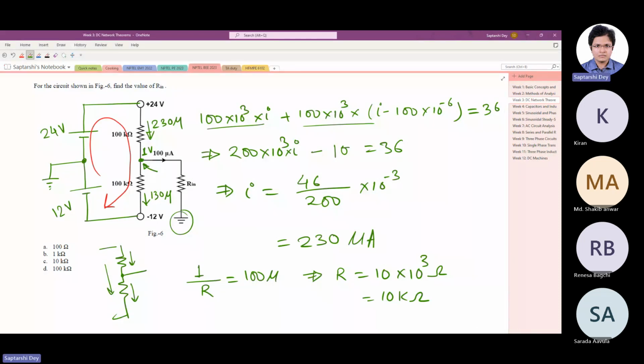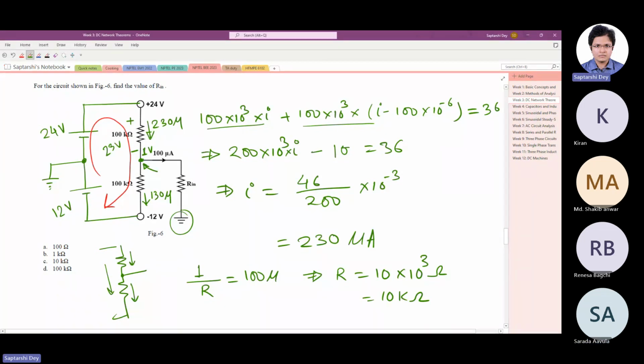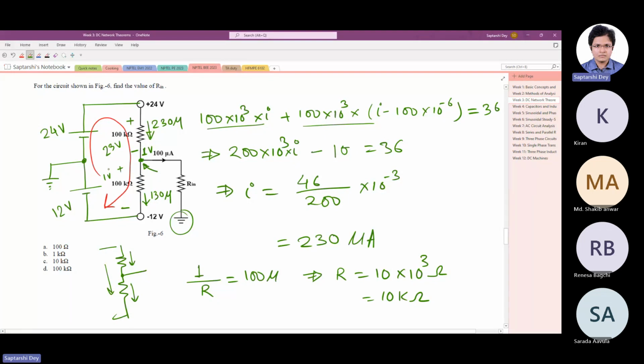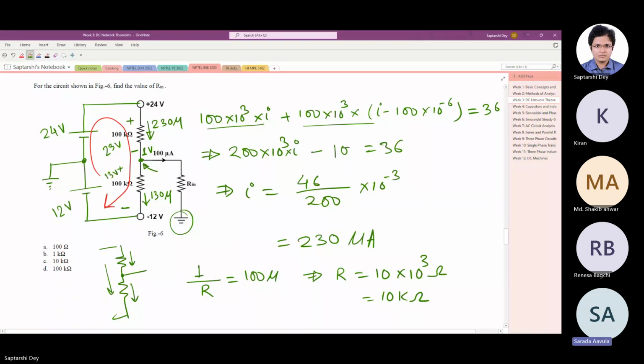You see, voltage divider is not applicable here. Across this 100 kilo, the node voltage here is only 1 volt. So here you have a drop of 23 volt, and here you have a drop of, sorry, not 1 volt, it's 36, so the rest of it, 13 volts. So across 100K is 13 volts.